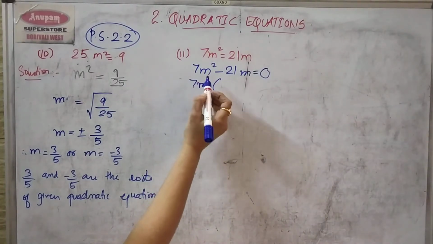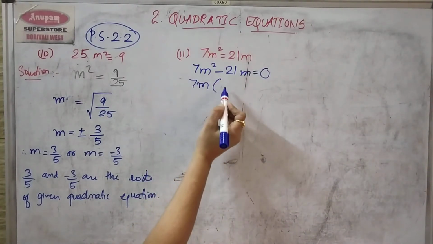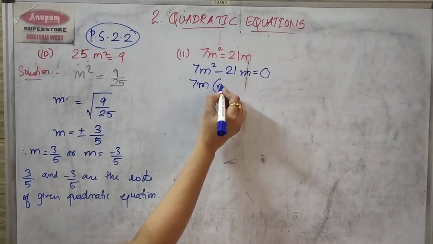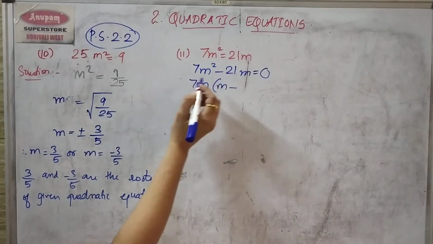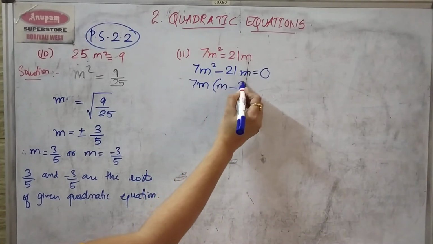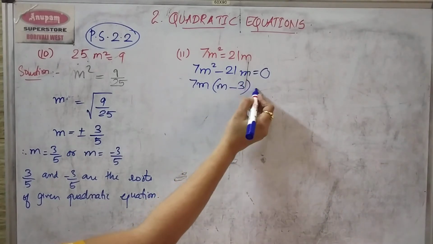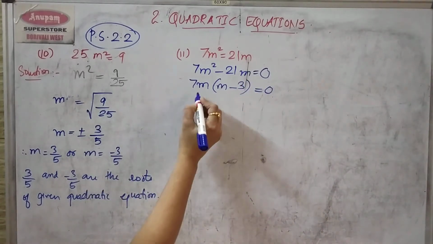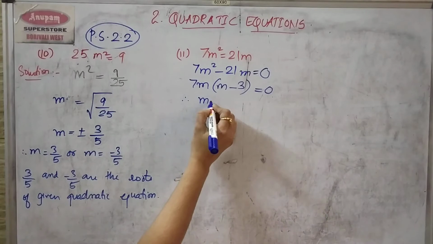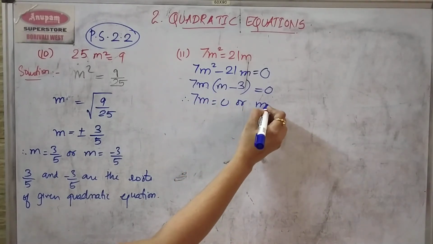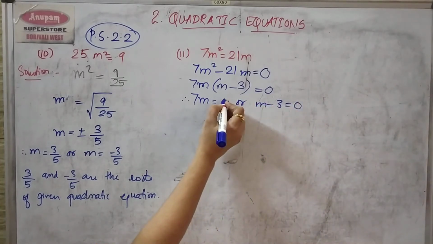So now in the next step I'll check 7 into what will give me 7m square. 7 into 1 will give me 7, and m into m will give me m square. Similarly, 7 into what gives me 21? 7 threes give me 21, and m is already outside. So this becomes 7m into m minus 3 is equal to 0. Now therefore I'll say 7m is equal to 0, or m minus 3 is equal to 0.